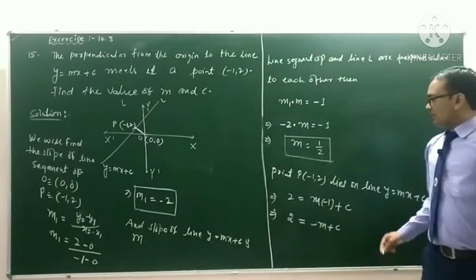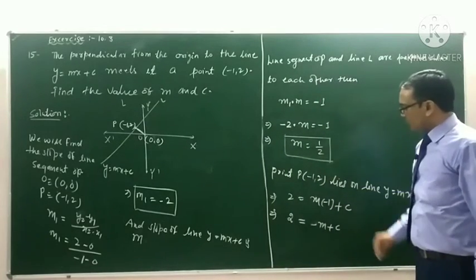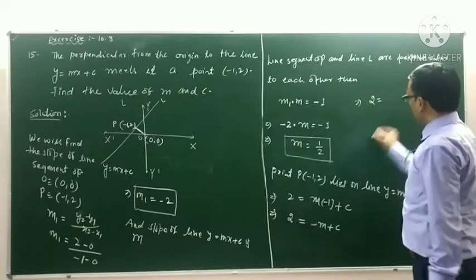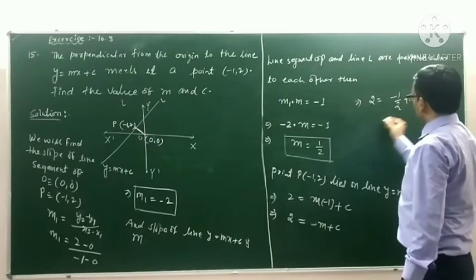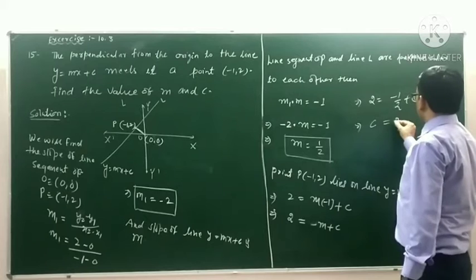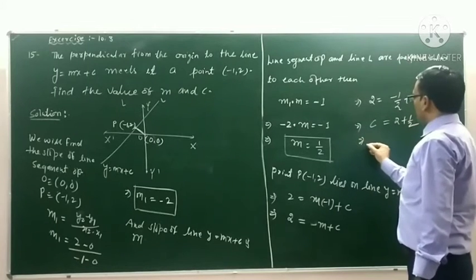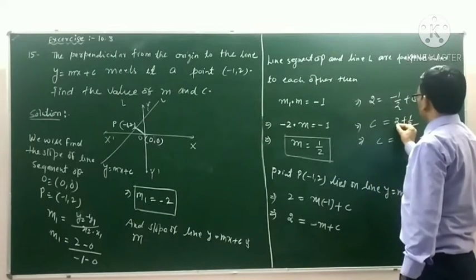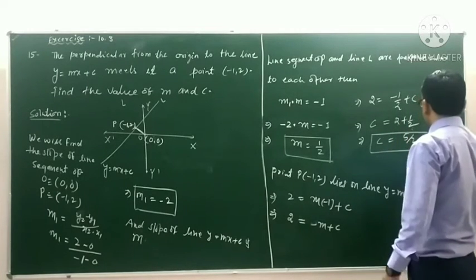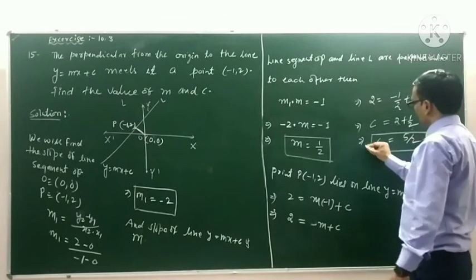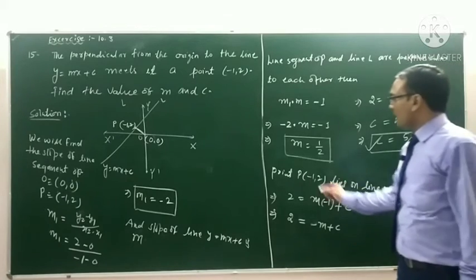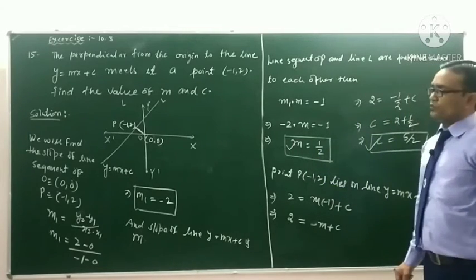We know that m equal to 1 by 2. This implies that 2 equal to minus 1 by 2 plus c. So c is equal to 2 plus 1 by 2, which implies c equal to 5 by 2. Okay students, this is your second answer. The value of c equal to 5 by 2 and the value of m equal to 1 by 2.